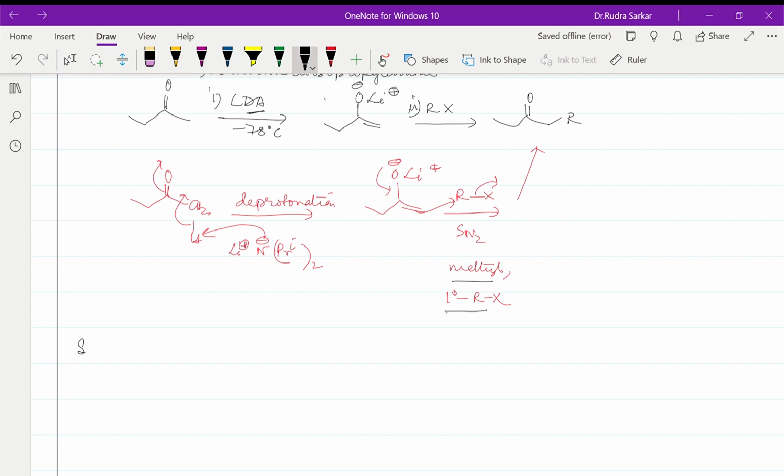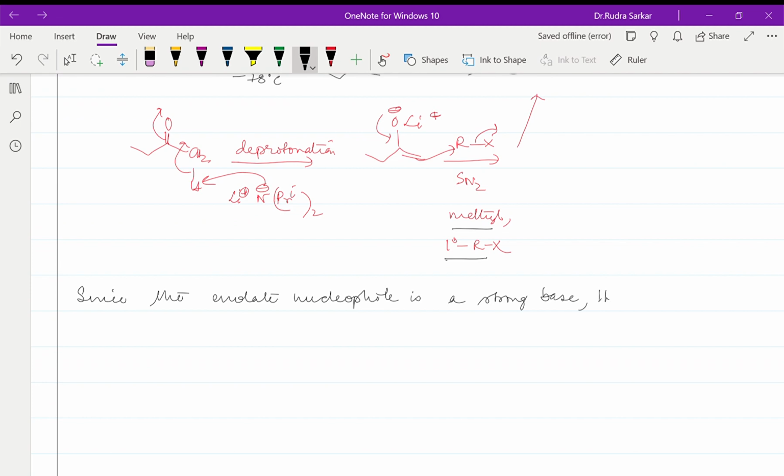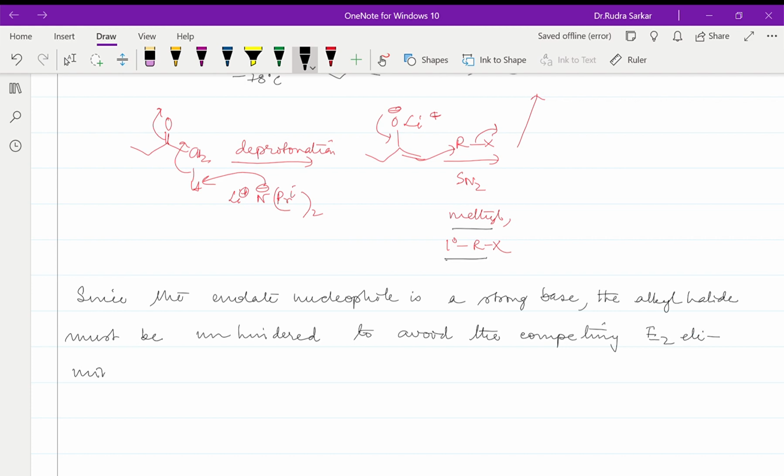We will say that since the enolate nucleophile is a strong base, the alkyl halide must be unhindered to avoid the competing E2 elimination reaction.